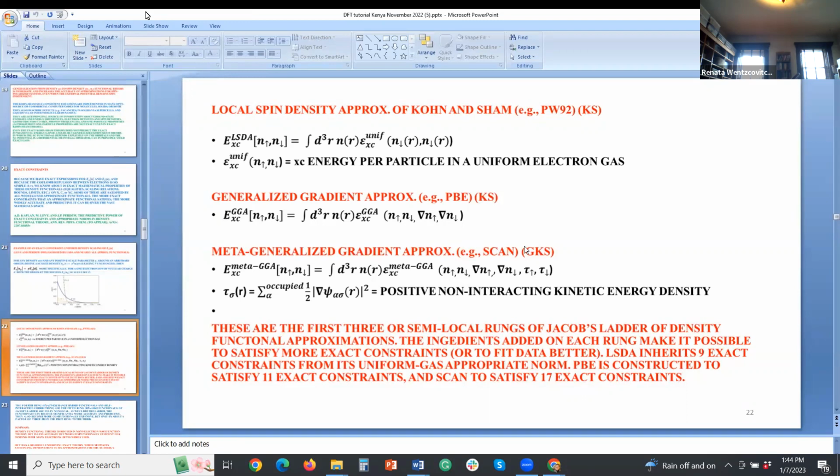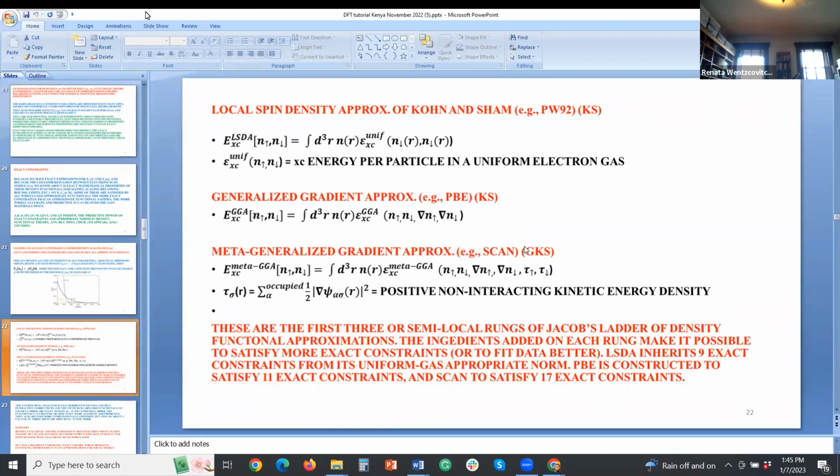So the first three are the semi-local rungs of the Jacob's ladder of density functional approximations. The ingredients added on each rung make it possible to satisfy more exact constraints, or if you prefer, to fit data better. The local spin density approximation inherits exact constraints from its uniform gas appropriate norm.